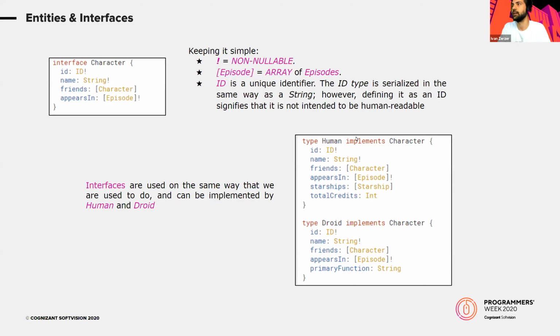The human class implements the character, and I'm using the same attributes that I declared on the interface, and also adding new attributes like starships and total credits. So Droid implements character as well, because human and Droid are the same type of object. It doesn't implement starships and total credits, but implements primary function. So that's the way you can use GraphQL to define interfaces and types.